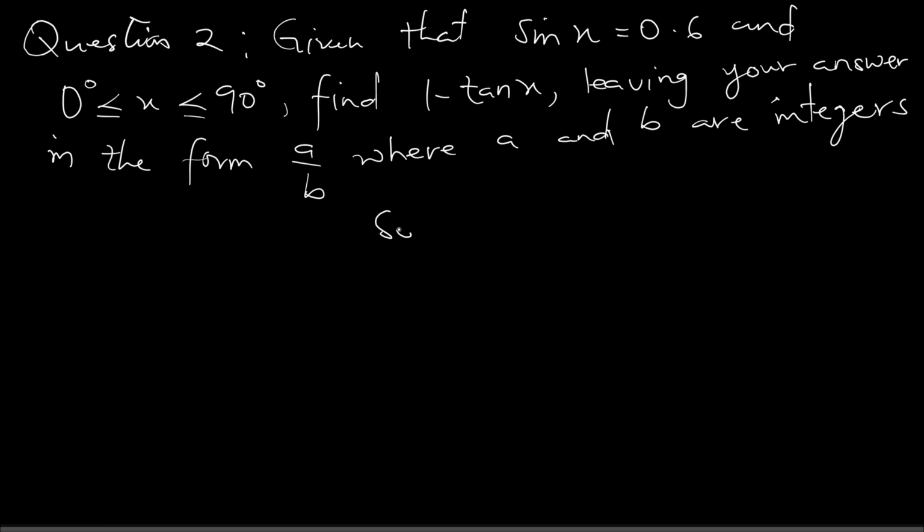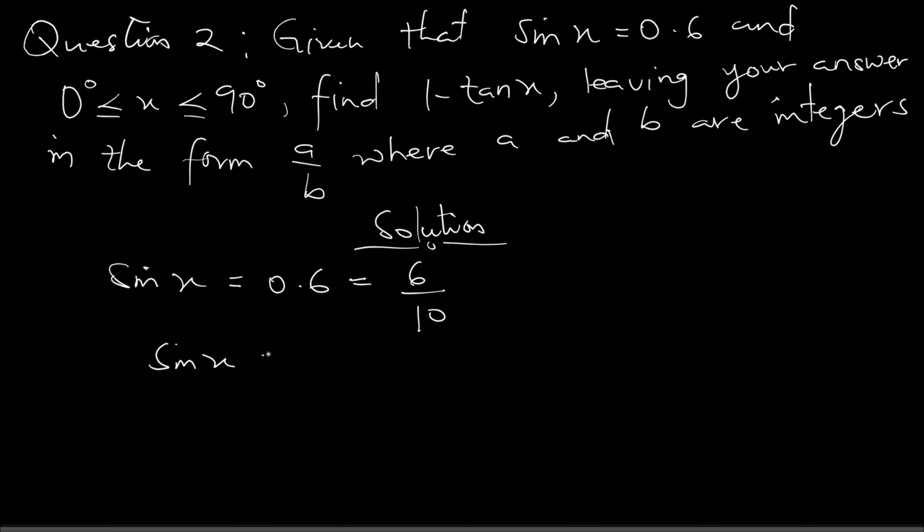So let's begin with our solution. So sine x is equal to 0.6. Now 0.6 in fraction is equal to 6 over 10. So sine x is equal to 6 over 10. So we draw a right angle triangle, and this is our x.